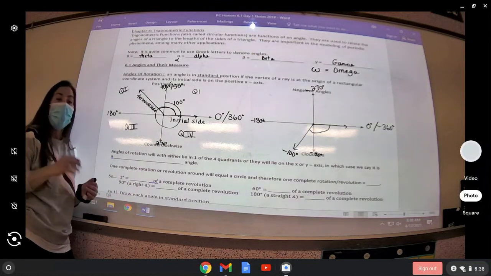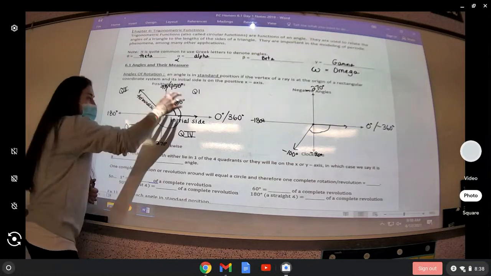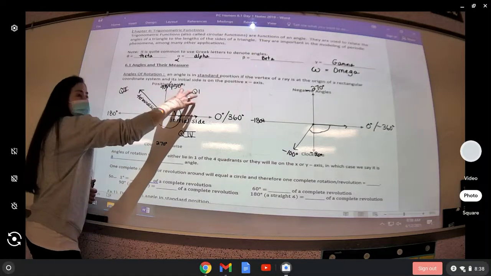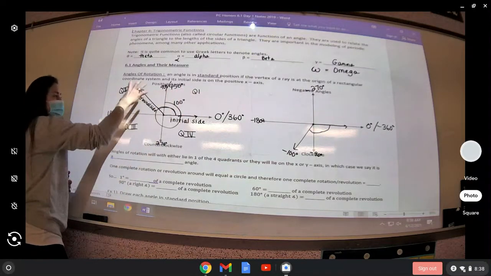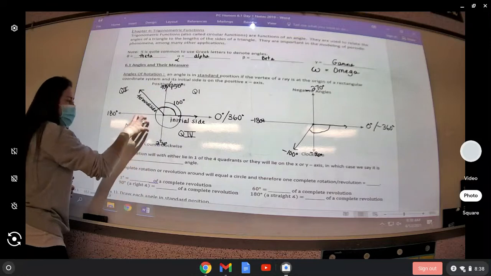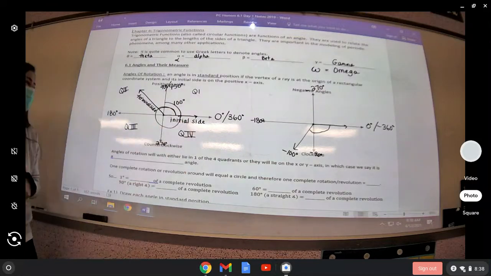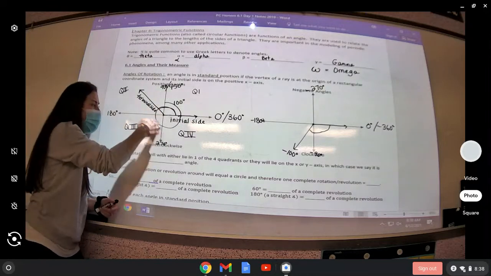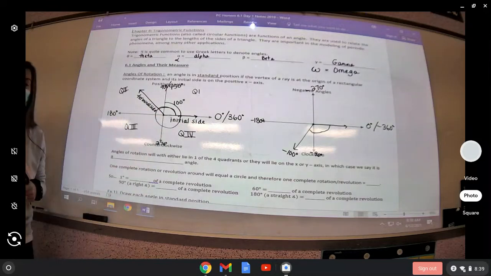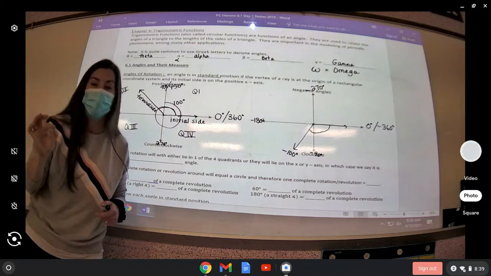All right? Now, angles are either going to land in a quadrant, like 0 to 90 is in quadrant 1. 90 to 180 is in quadrant 2, 180 to 270 is quadrant 3, and then 270 to 360 is quadrant 4, then they repeat. If you land right on an axis, then we don't call you in a quadrant, we call you a quadrantal angle.